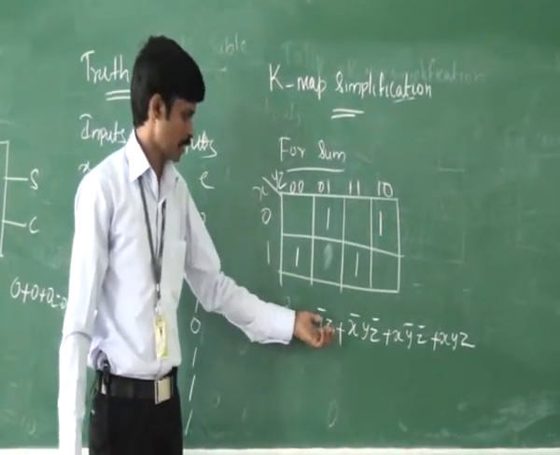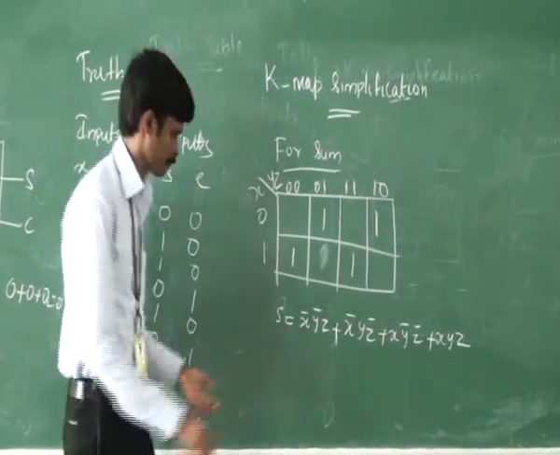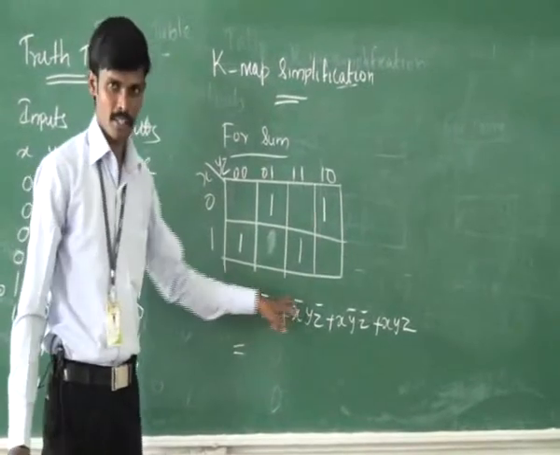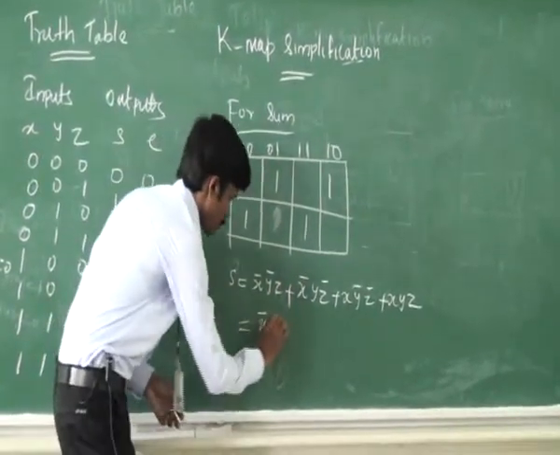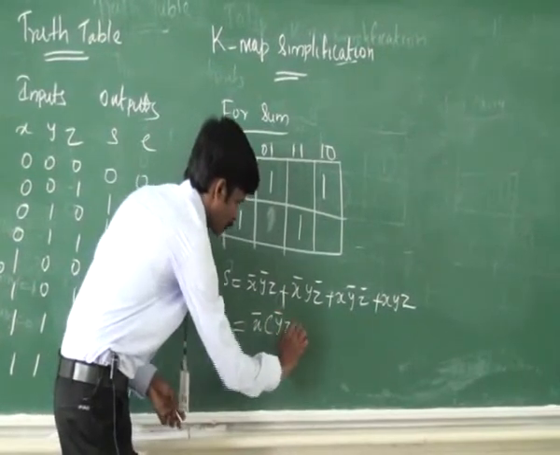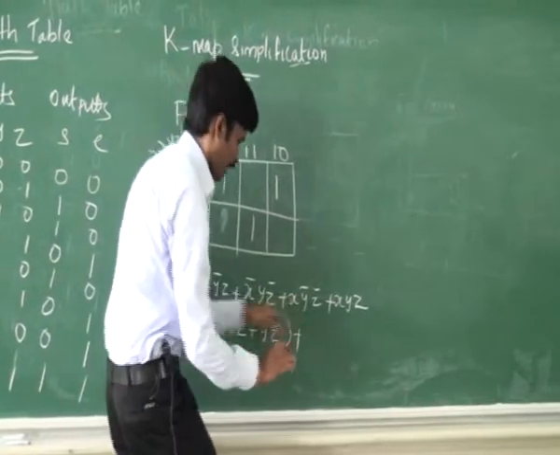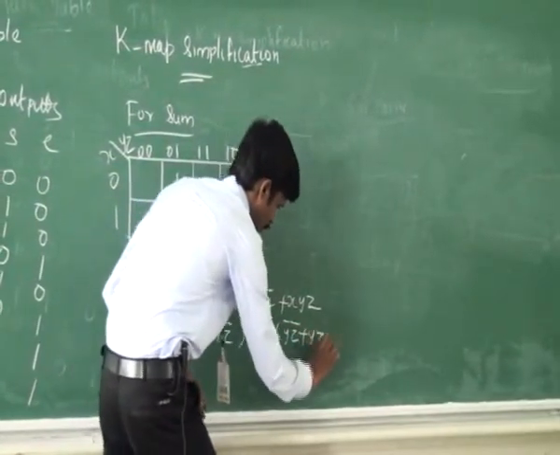Now this expression can be simplified by using the exclusive OR gate. Taking the first two terms, x bar is common, so it can be simplified as x bar into y bar z plus y z bar. Then similarly we can write x into y bar z bar plus y z.